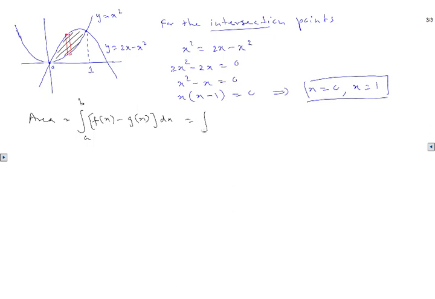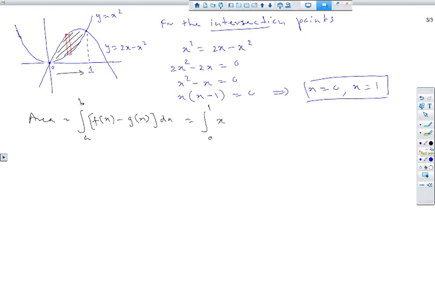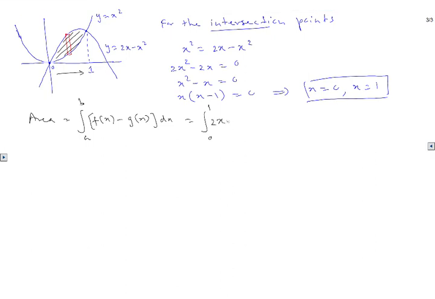So the limits of x go from 0 to 1. Okay, it's very clear. And then the top function is x squared. Oh no, I'm sorry. The top function is actually 2x, because that's the top function.